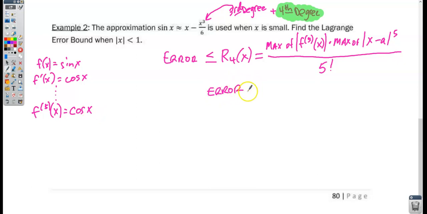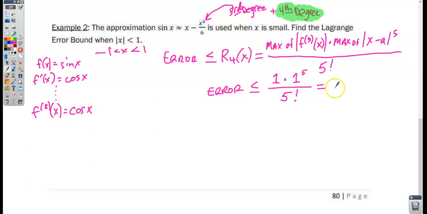So our error becomes: the maximum value of this derivative is 1. The maximum value of absolute value of x minus a: this series is centered at 0, and we're looking at the interval from negative 1 to 1, and therefore the maximum width of that interval is 1. Raise that to the fifth. We've got all of that over 5 factorial.